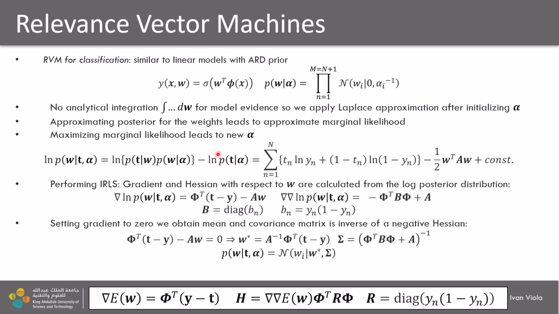But if we are interested in approximating the posterior by a Gaussian, this will actually fall out, because we will now be performing the derivative of the log of the posterior with respect to the weights, and as there are no weights in the marginal likelihood or the evidence, this term will not be present in the derivatives.